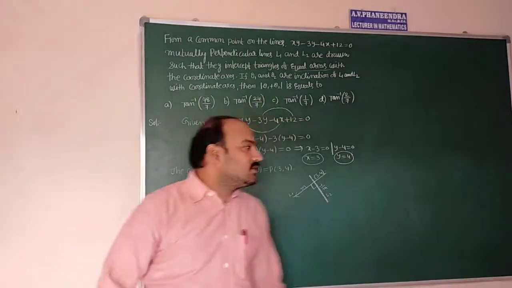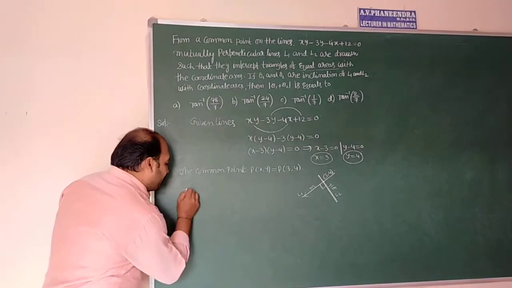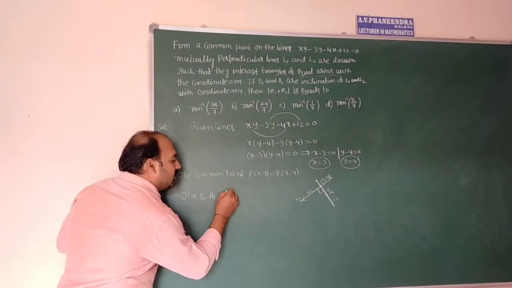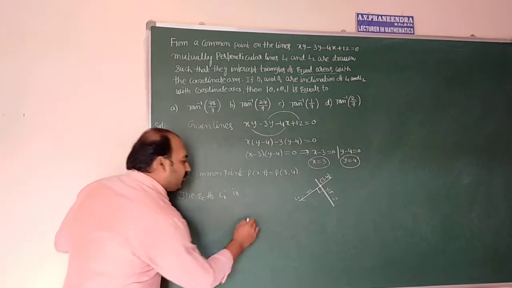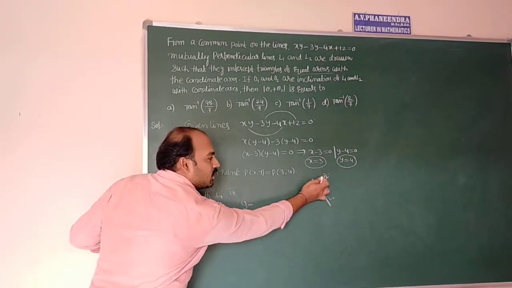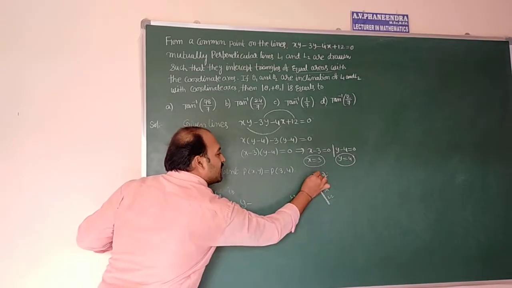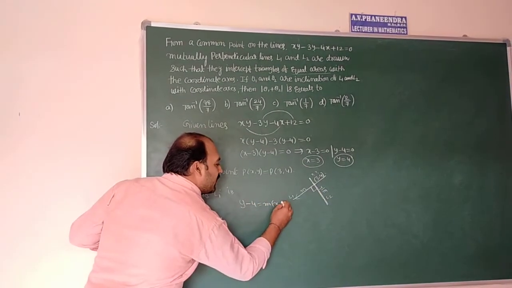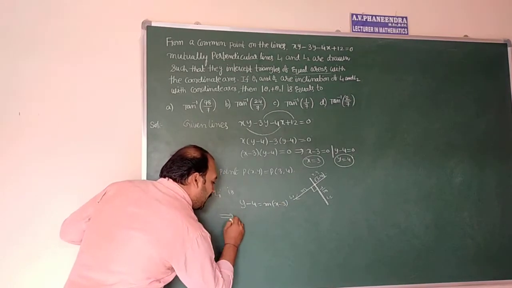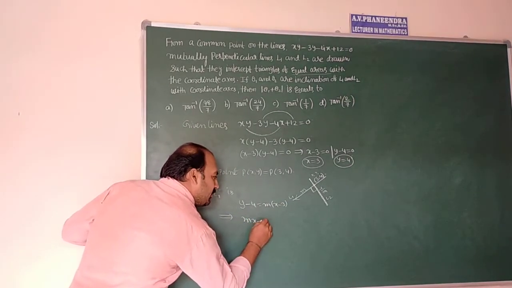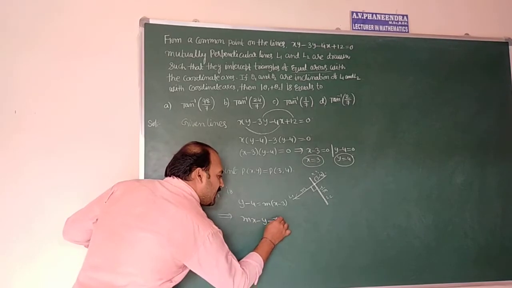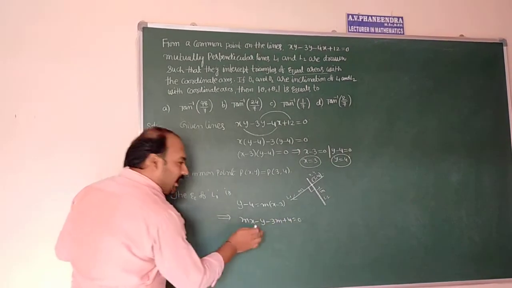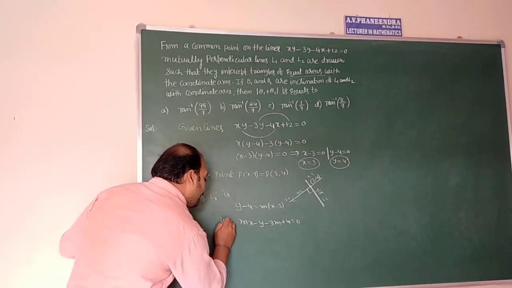Calculate both the lines. First line, the equation of L1: passing through 3 comma 4, which is x1 y1, y minus 4 equal to m into x minus 3. That implies mx minus y minus 3m plus 4 equal to 0. This is L1.